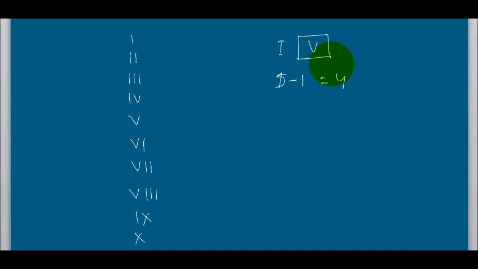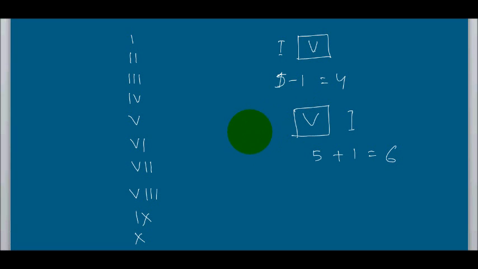Now if this one is written on the right side of the 5, then it will be added. That means 5 plus 1 is equal to 6. So this is the technique of writing numbers in the Roman system.